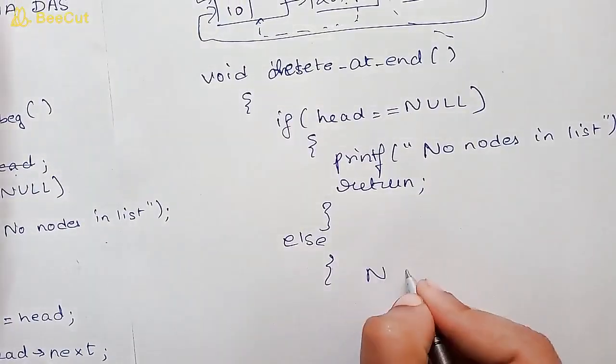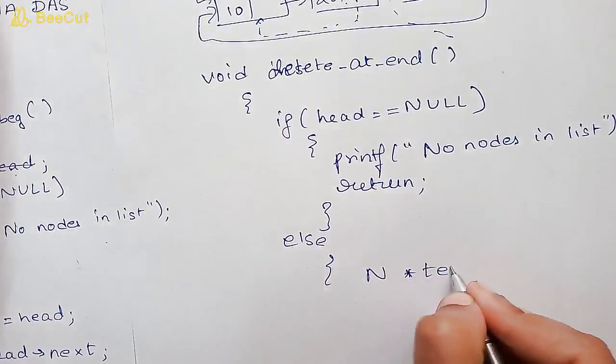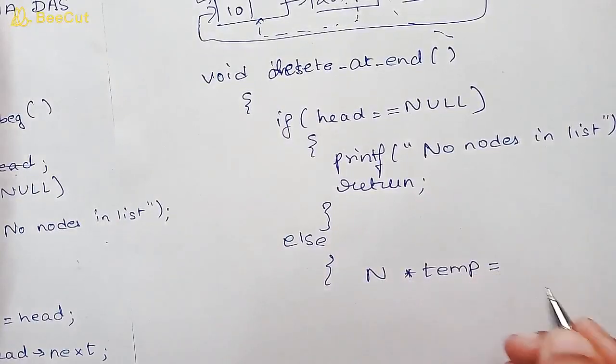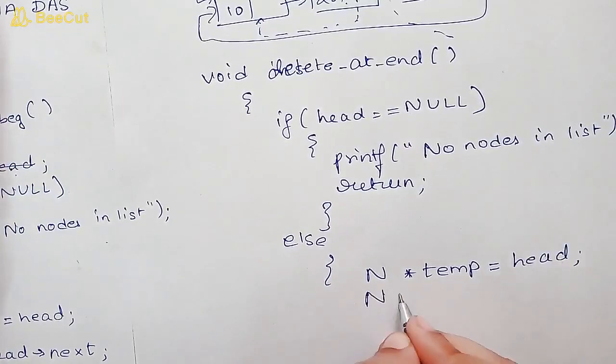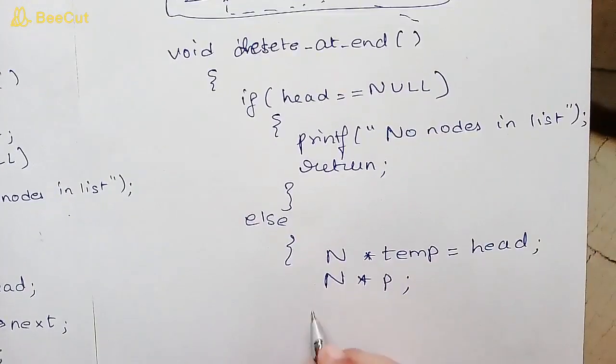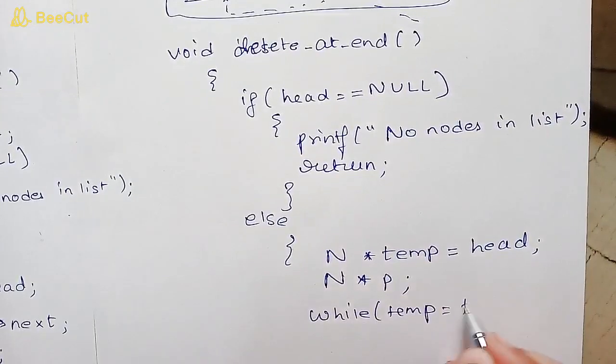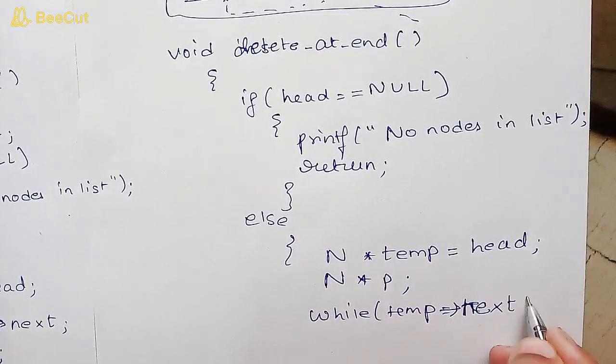I can take two pointers. One pointer is temp, and it is pointing to head, and another pointer I'll take as p. I'm not initializing it right now. I'll take while temp next is not null, temp next not equals to head.